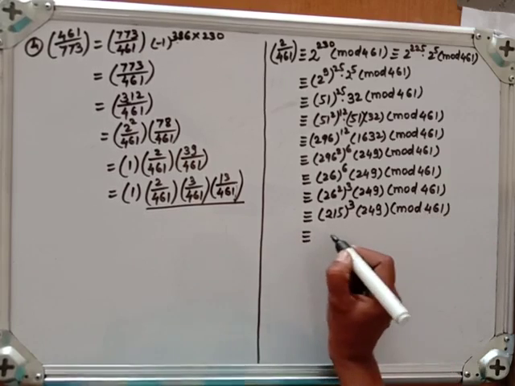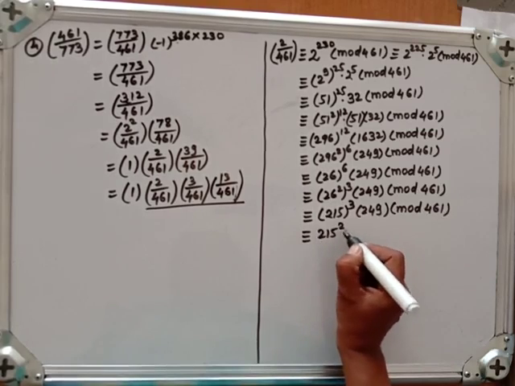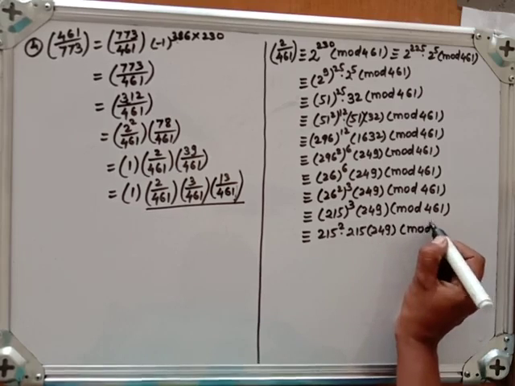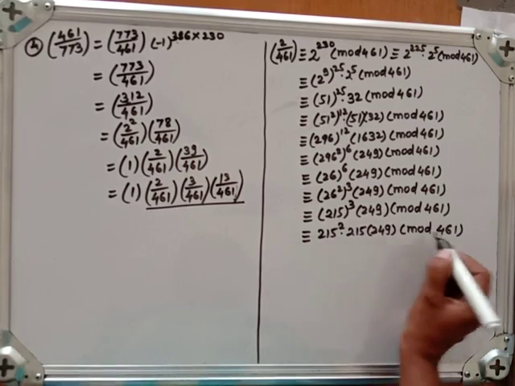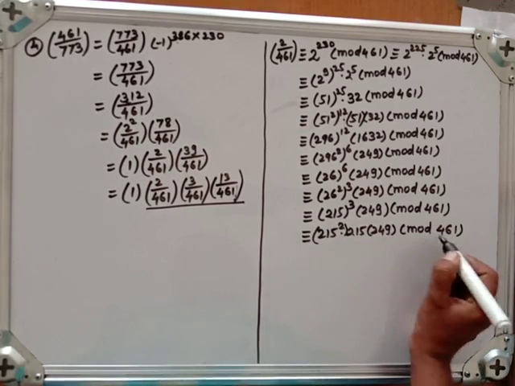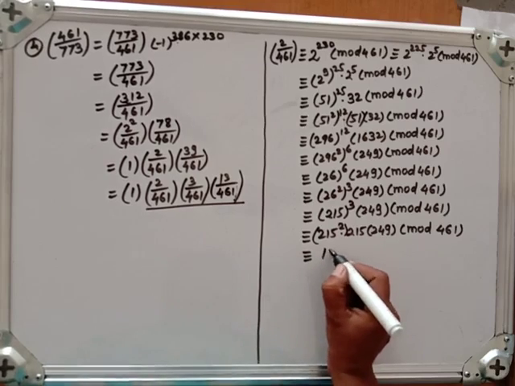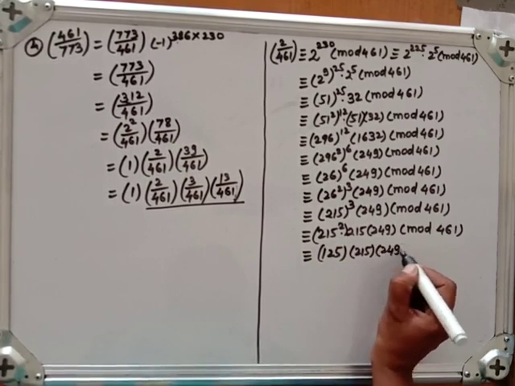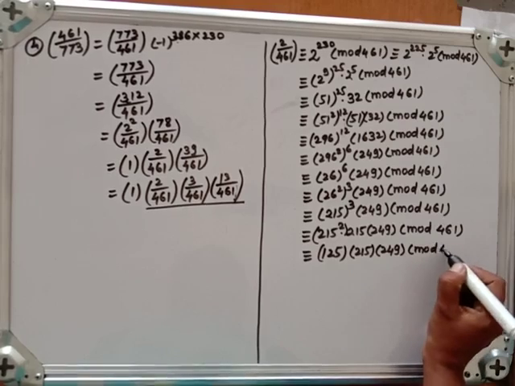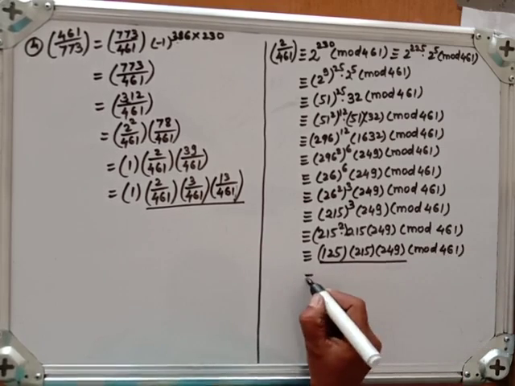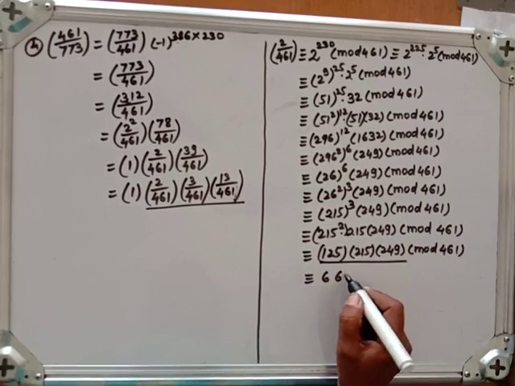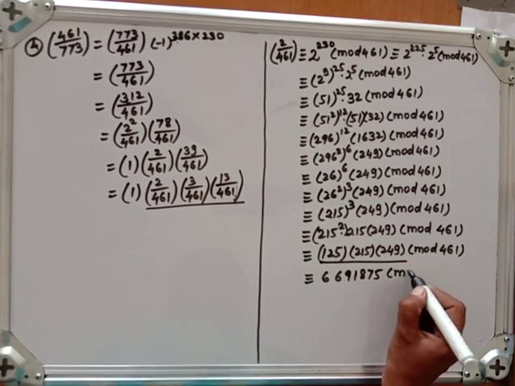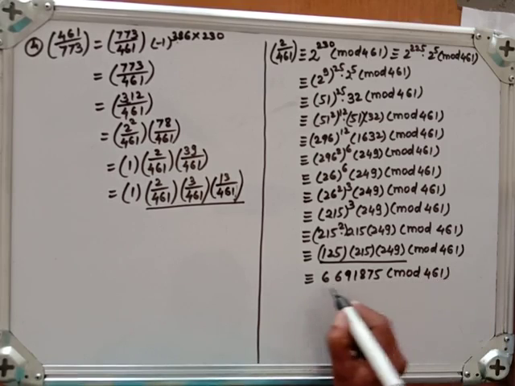461. So this is congruent to 215 square into 215 into 249 modulo 461. So 215 square modulo this 461 will be 125 into this 215 into 249 modulo 461, and this whole product will be 66,91,875 modulo 461.